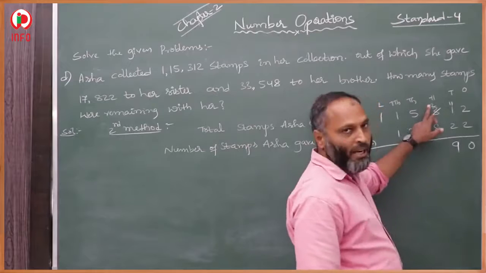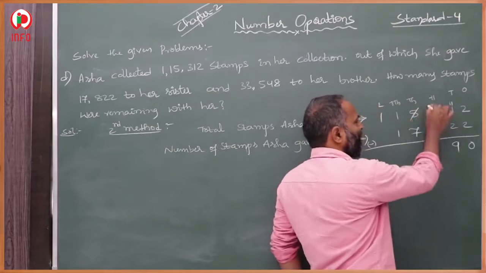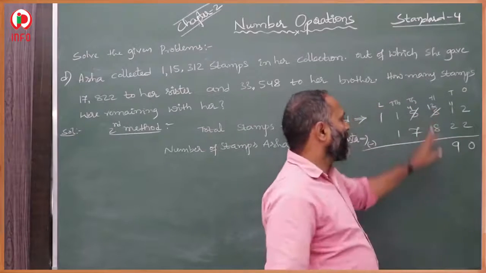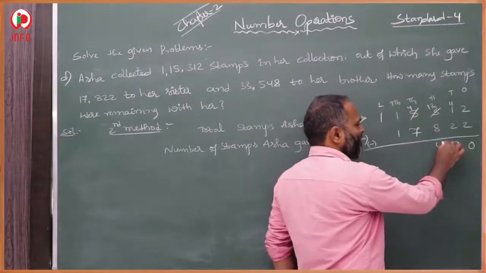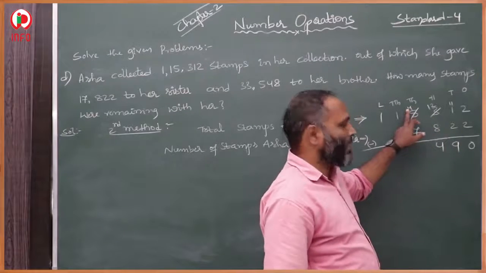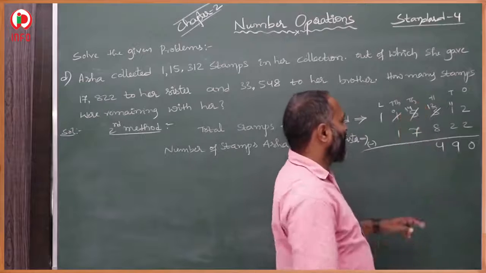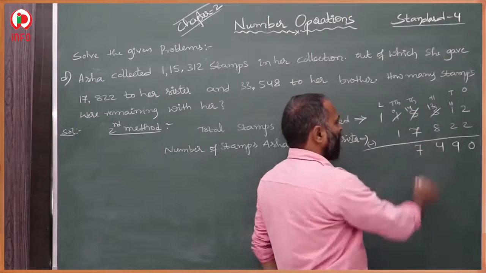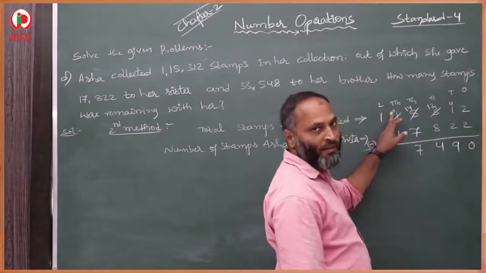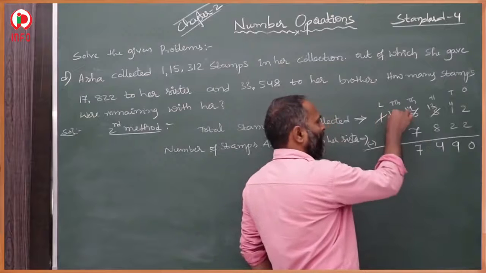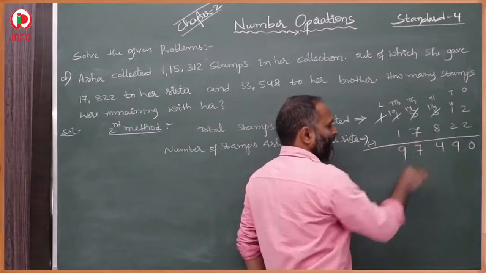Then minuend is lesser, again borrow 12, here we get 4. 12 minus 8 is 4. And minuend is lesser value, again borrow, it will become 0, get 14. 14 minus 7 is 7. And this is lesser value, borrow 10. 10 minus 1 is 9.